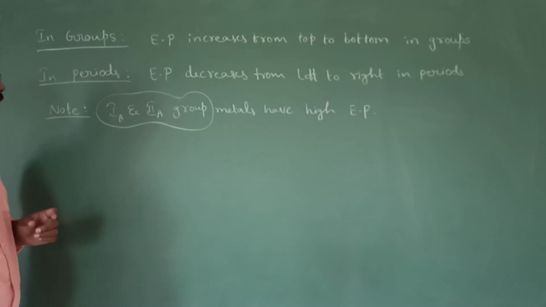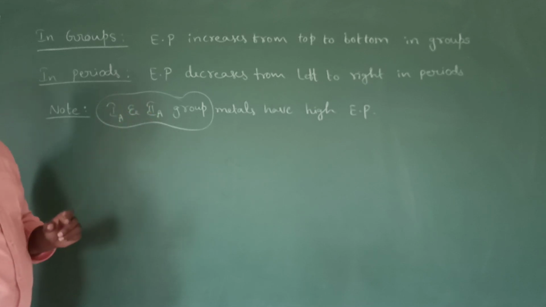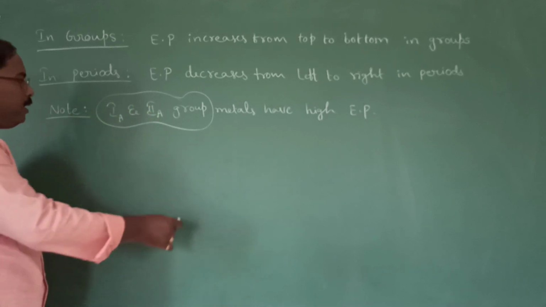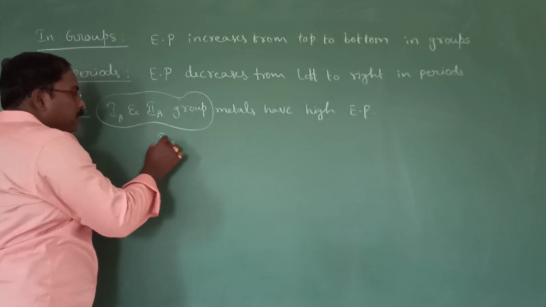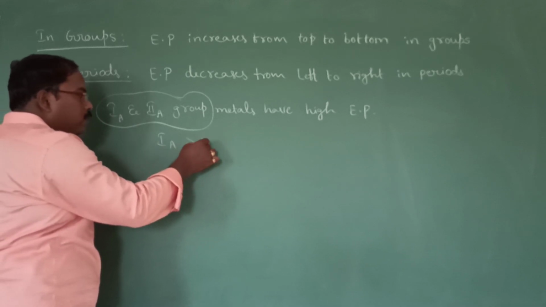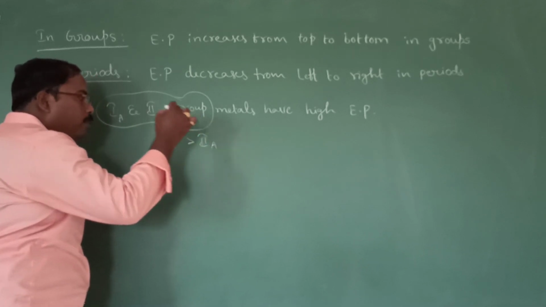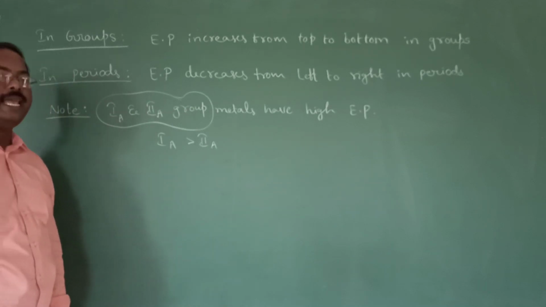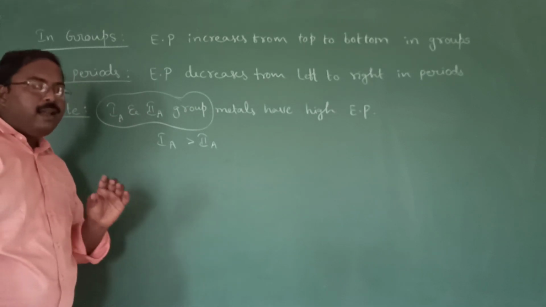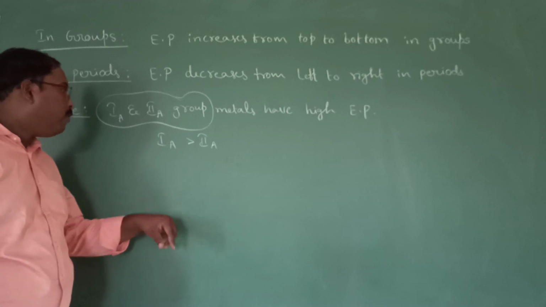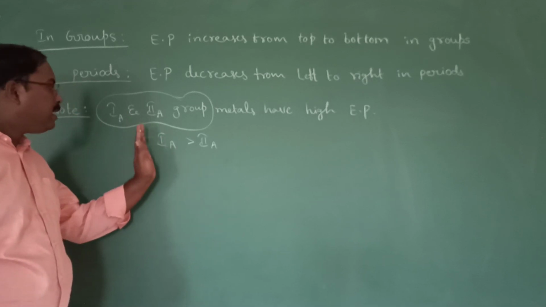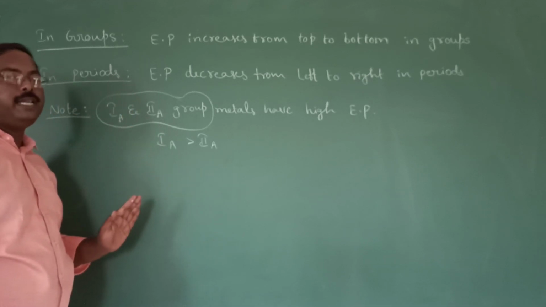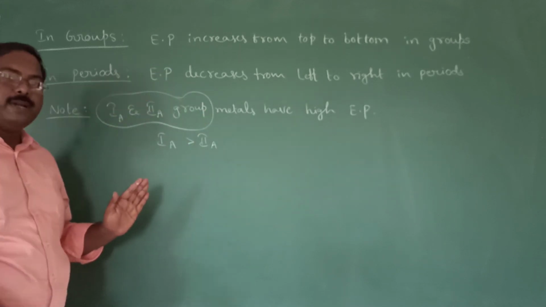Out of the first A and the second A, which will have highest electropositivity? It is very clear: the extreme left hand side. So first A will have more electropositivity than second A. Now another question. First A is having highest electropositivity when compared to the remaining elements in the period.